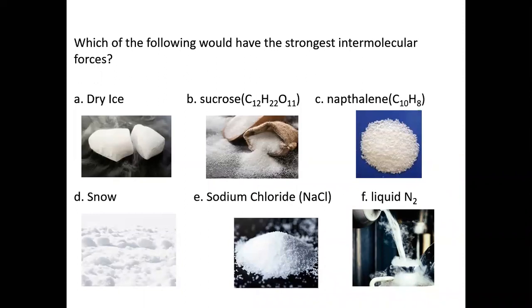So let me show you the results, and then we'll go through each one in detail to explain how we know which one of these would have the strongest attractive forces. So here's the results from the class.